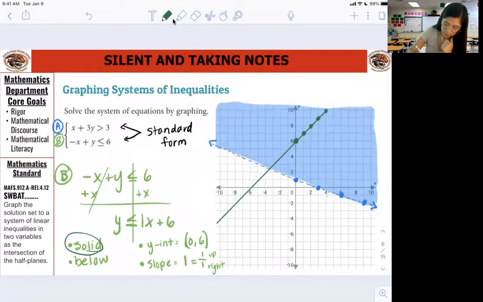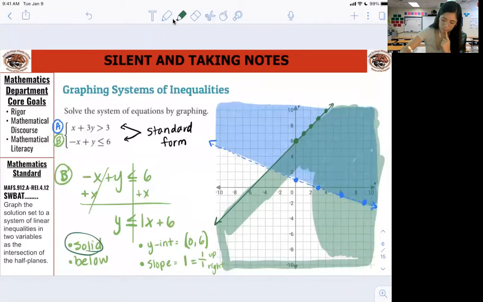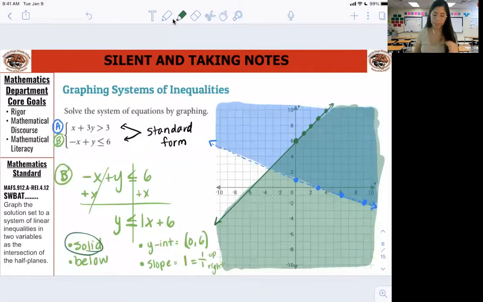There's my solid line, and I'm shading this one below, so it's this entire area over here. Everything below that line will be shaded. All right, there she is.